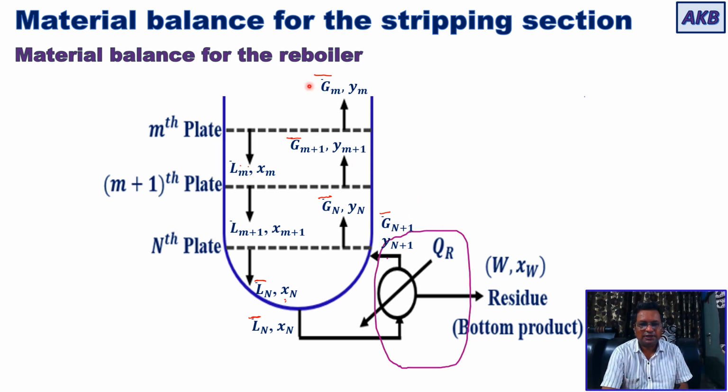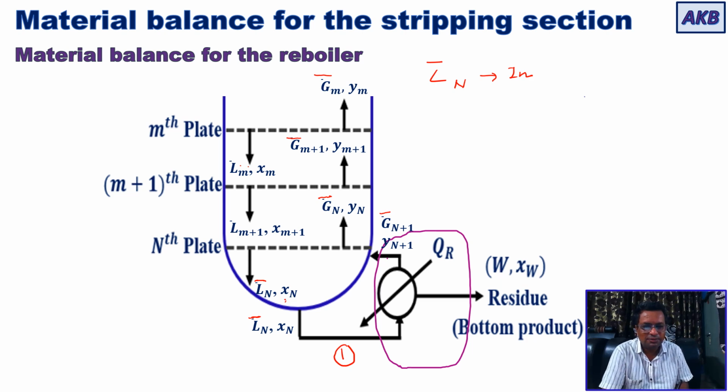So first, as we said, we are going to consider material balance for the reboiler. If you look at the reboiler and try to identify the material streams, you'll come to know that there are three material streams. One is having a molar flow rate of L bar n, and this stream is going into the envelope.